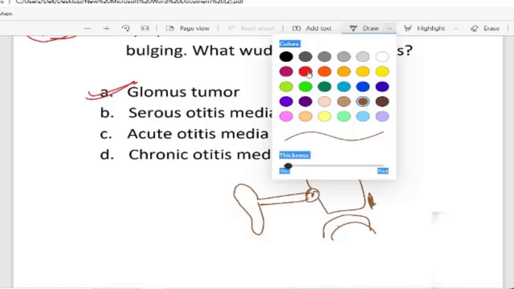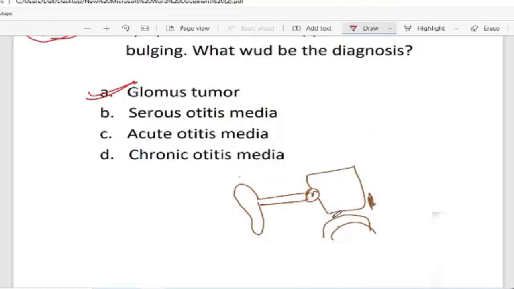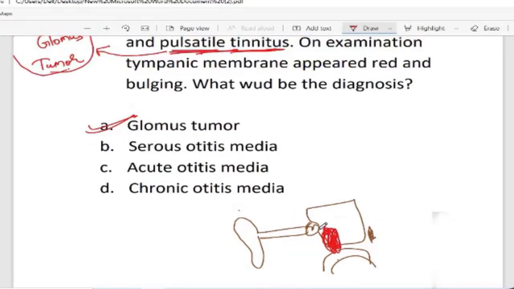So glomus tumors are tumors arising from the paraganglionic cells. They appear like a red bulge just behind the tympanic membrane in the middle ear. So the tympanic membrane may look red, may look bulging, because of the tumor.